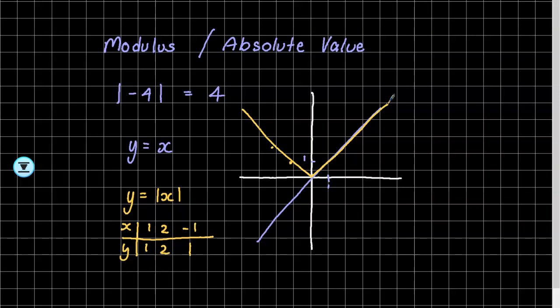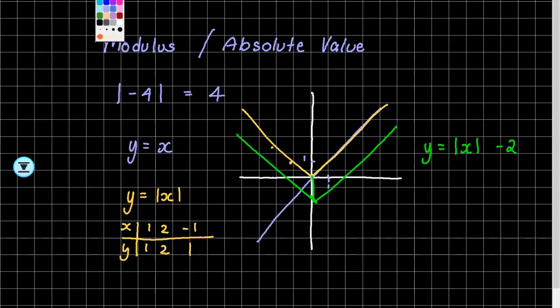It works the same way as some of our other functions. If I had y equals the modulus of x take 2, what do you think would happen? It just drops down by 2. That's right. Here's a curly question for you.